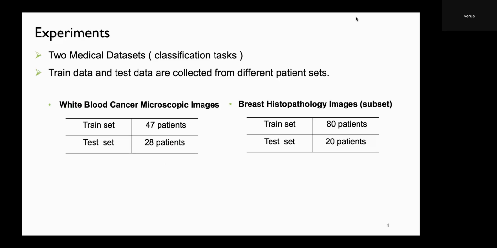Here we use a subset of them because the whole datasets are too large. For both datasets, the training data and the test data are from different patients, which means the potential patient-level difference exists in both datasets.